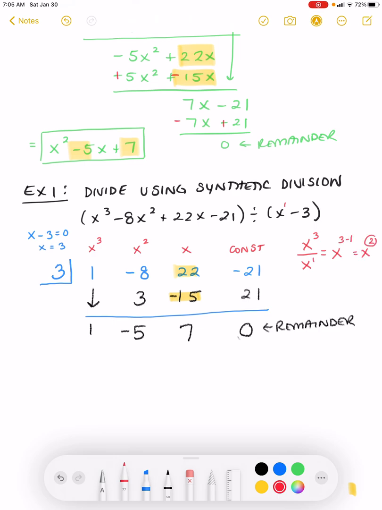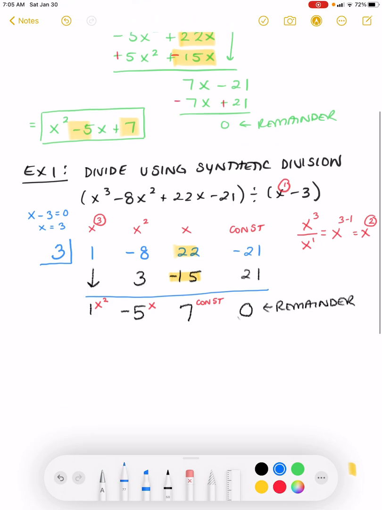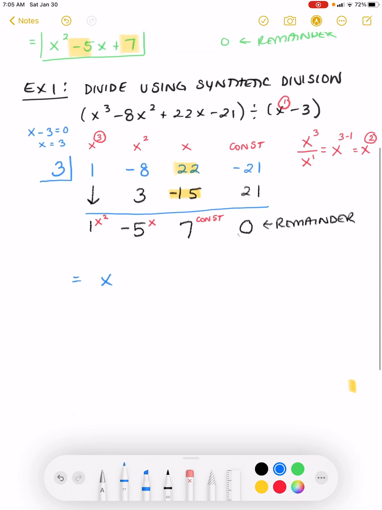And so the result is going to be x squared. So if you start with x cubed and divide by x to the first power, then the result is going to go down a degree. And so this is the x squared term, this is the x term, this is the constant term, and this is the remainder. So let's take these coefficients and write the quotient. It's going to be x squared minus 5x plus 7.